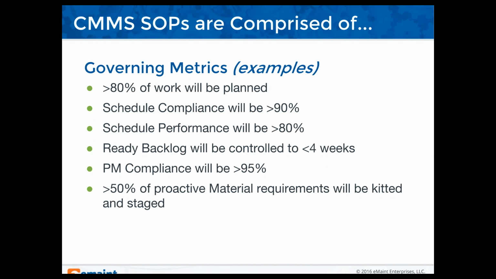That schedule compliance will be over 90%, and so on, so that each of these KPIs are understood. We understand how they're calculated, and then that we can document them and use these as our KPIs that we can trend against and measure ourselves against on a regular basis.